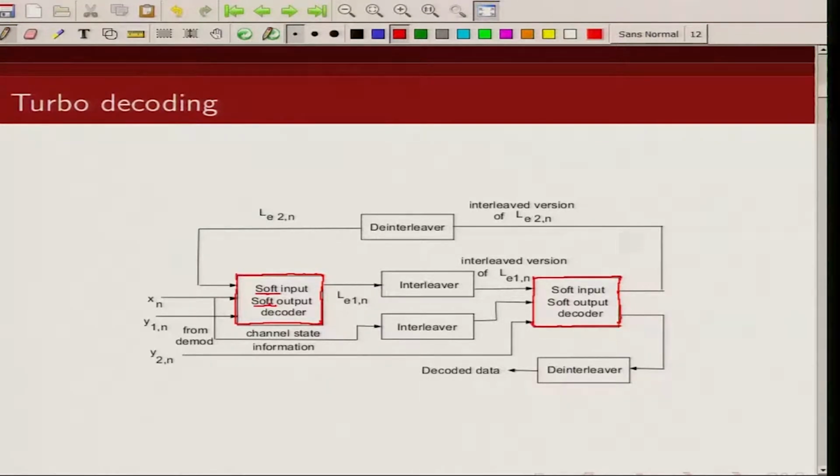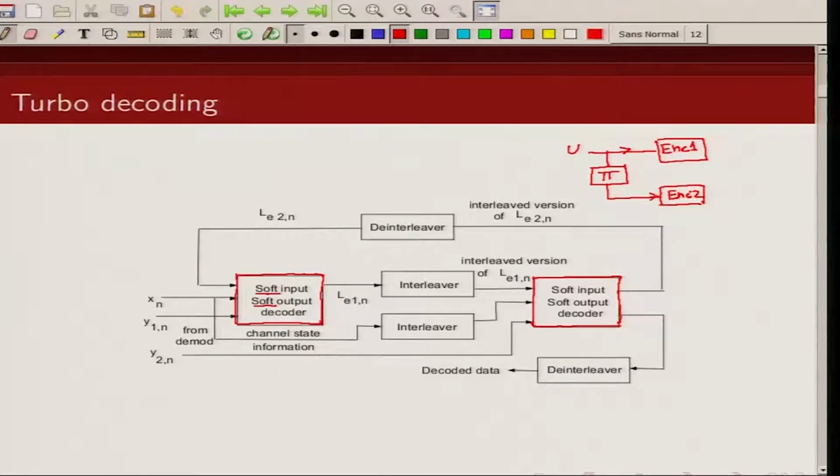If you look at this decoder structure, now recall our encoder diagram for a turbo code. We had one encoder, and this was an information sequence. This information sequence was permuted using an interleaver. I am denoting the interleaver by pi, and then this interleaved signal was sent to another encoder.